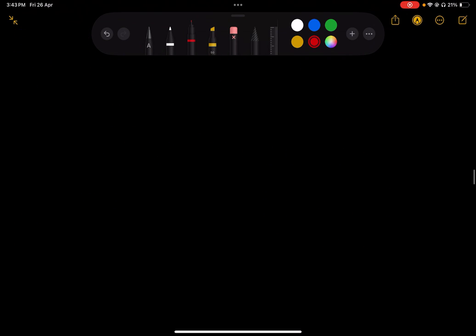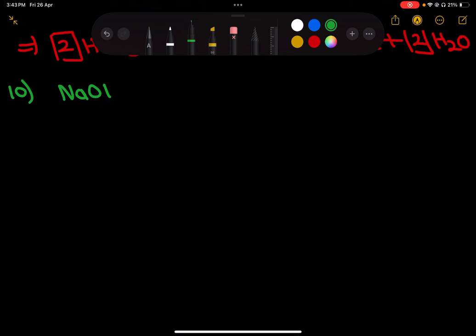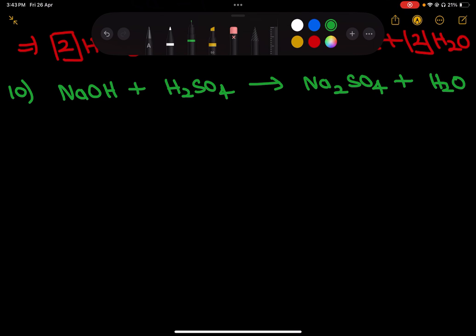And the 10th, so I have one more after this, so total 11. I told you 10 in the beginning, I think so. Anyways, so we have NaOH plus H2SO4 gives Na2SO4 plus H2O. Okay? So LHS, RHS.